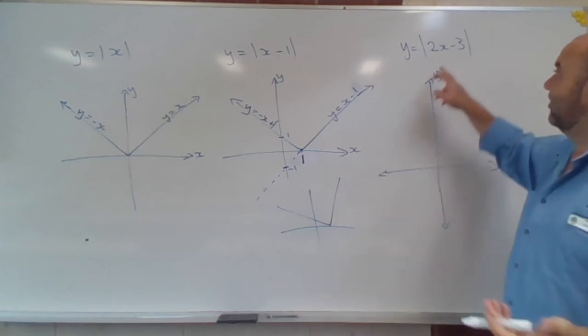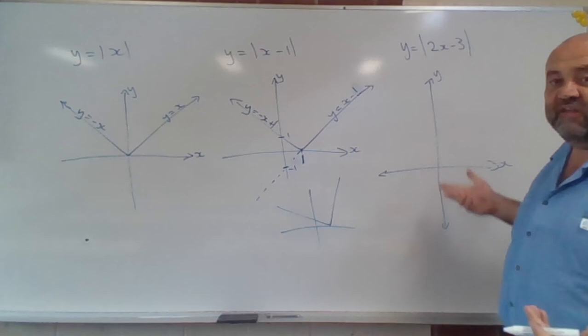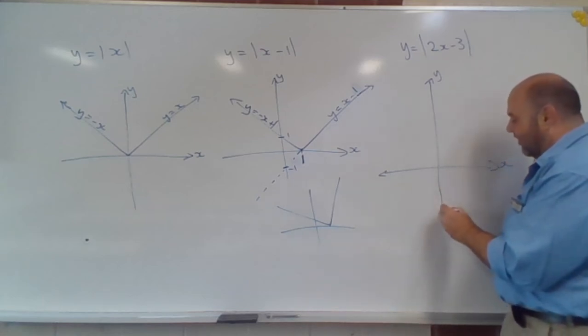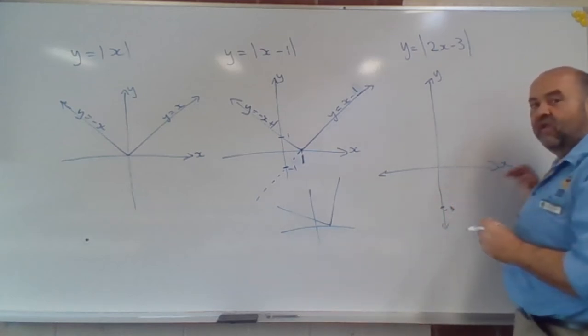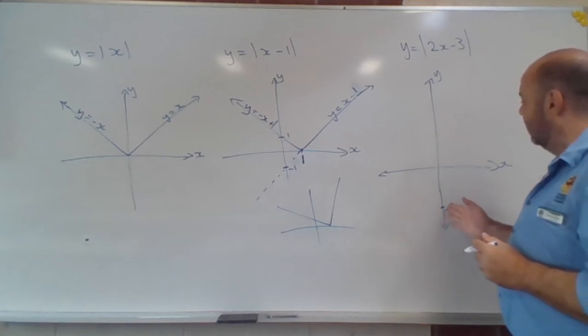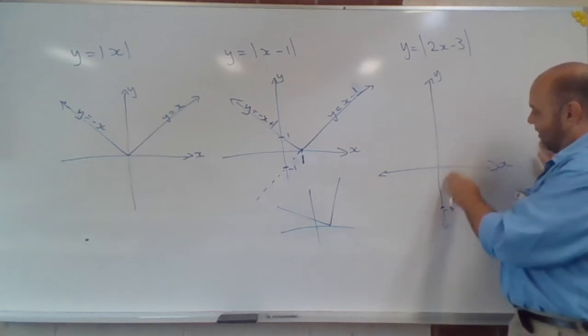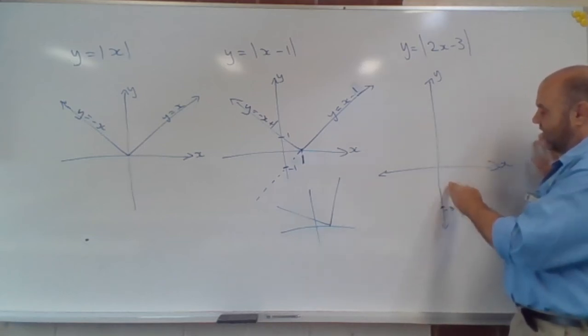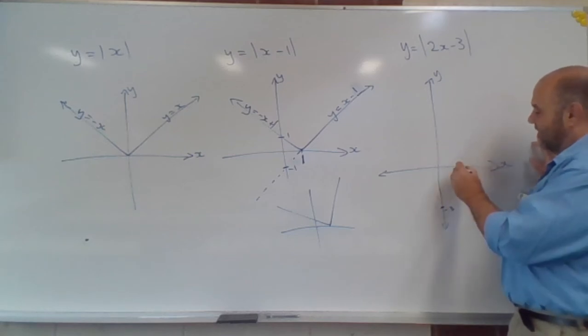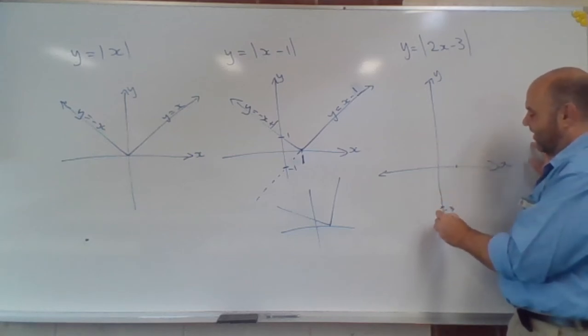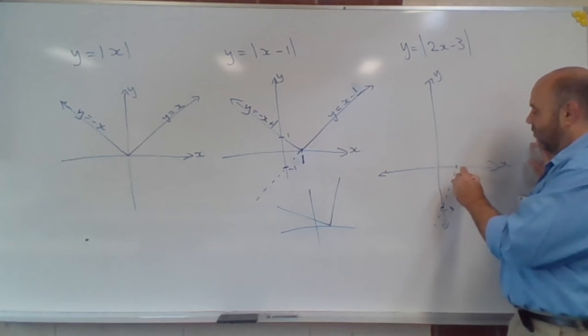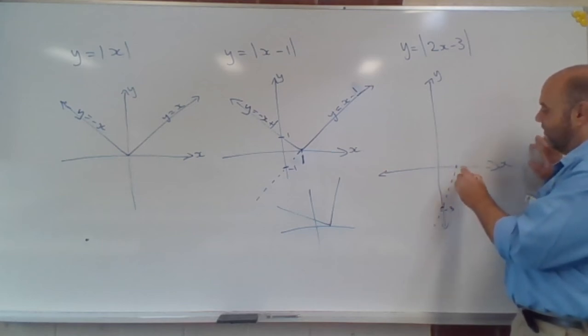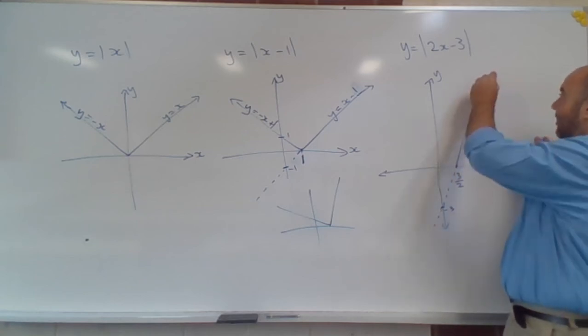That would cut the y-axis at -3, down here. It would have a gradient of 2, so for every 1 unit it went across, it'd go up 2 units. That means it'd go through the x-axis here at 1.5, or 3 on 2, and it would continue up that way.